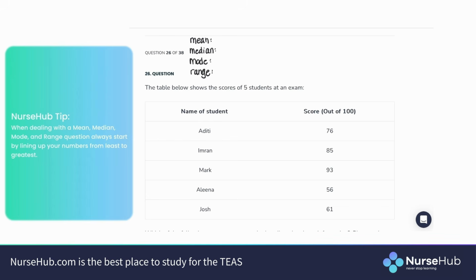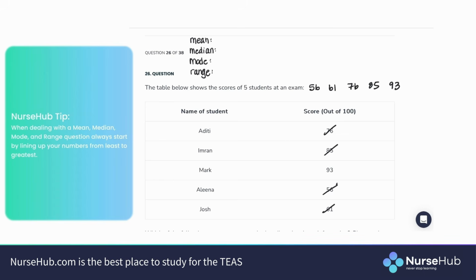It's just going to make your life that much easier since you do have to use that a few times. So we're going to look at 61 first. Nope. That's 56, 61, 76, 85, and 93.